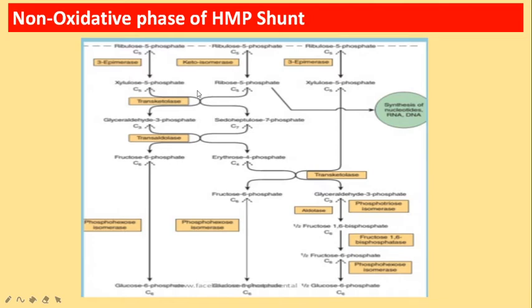One molecule of ribulose 5-phosphate will undergo isomerization in the presence of the enzyme ribulose 5-phosphate isomerase to form ribose 5-phosphate. So as a result of epimerization, we get two molecules of xylulose 5-phosphate. As a result of isomerization, we get one molecule of ribose 5-phosphate.